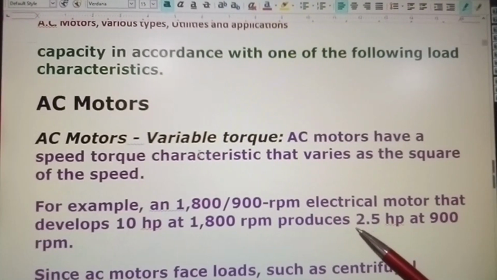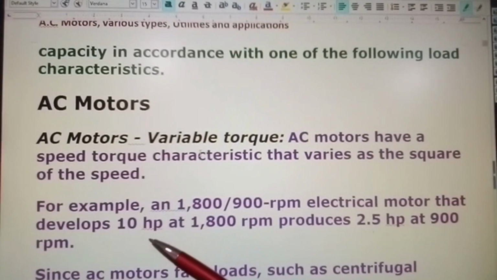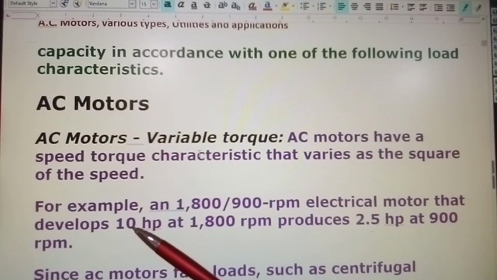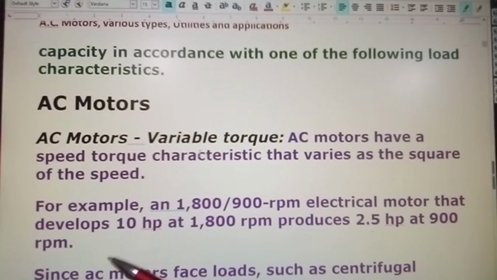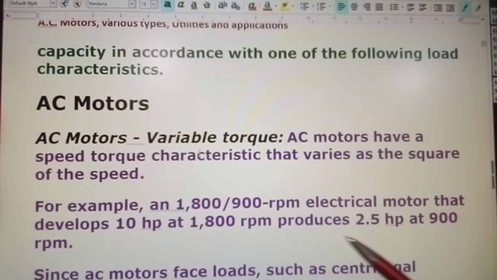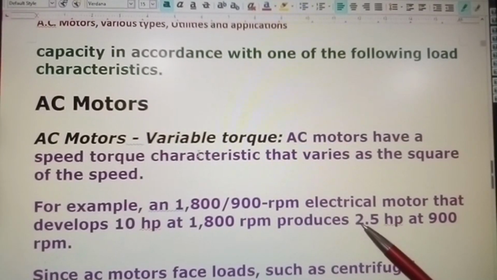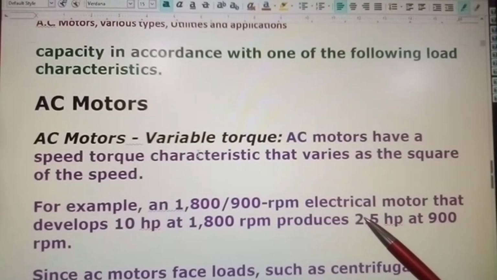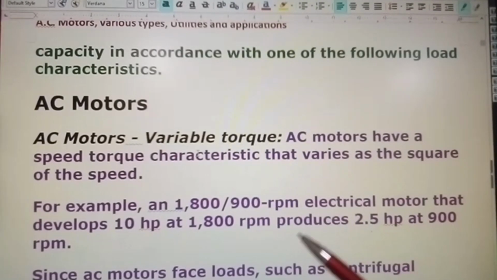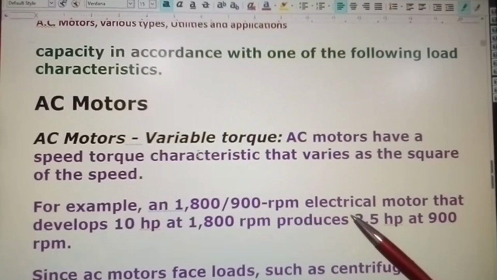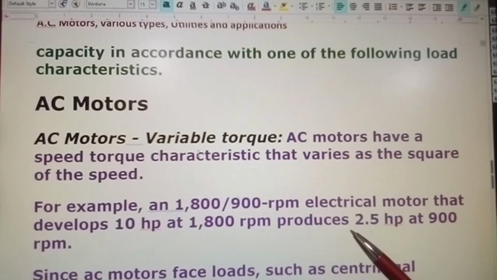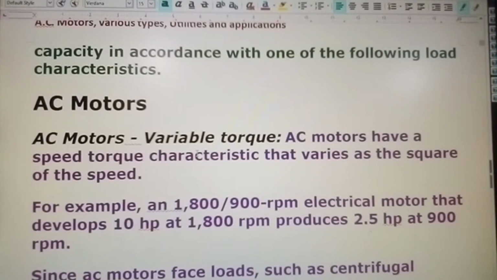Just imagine for a moment, you have a 10 horsepower load. It could be 2 tons, for argument's sake. Suddenly you're going to be lifting 2 tons with the 2.5 horsepower. Will that motor do it, or is the motor going to be giving some issues? I will say the motor at 900 revs will begin to give you some issues.